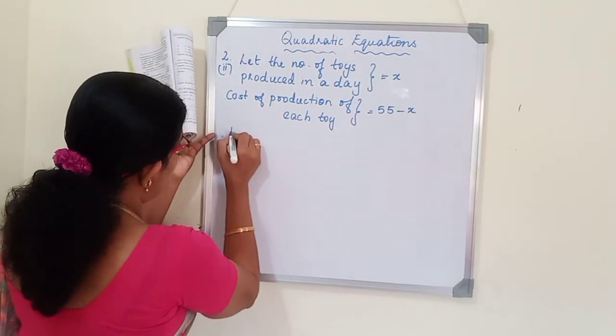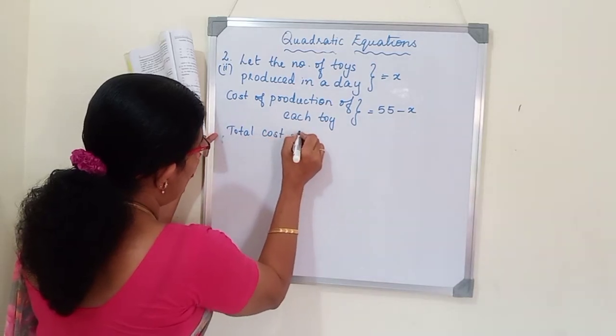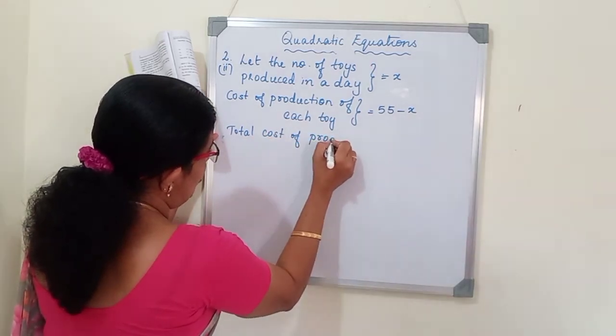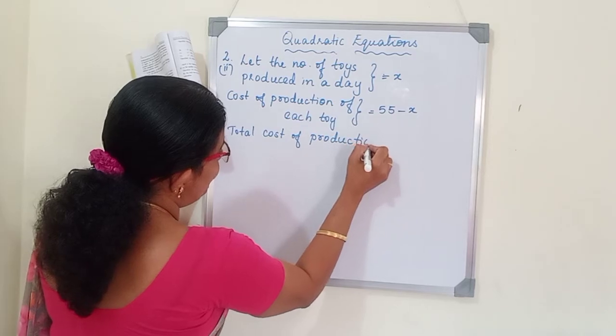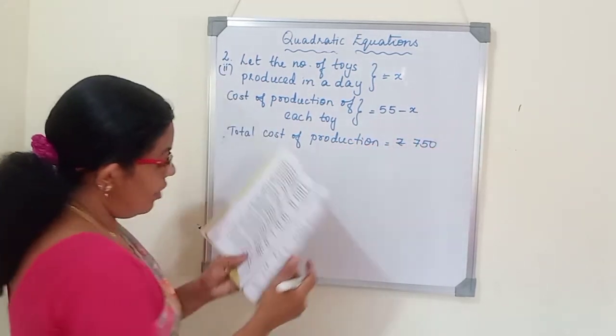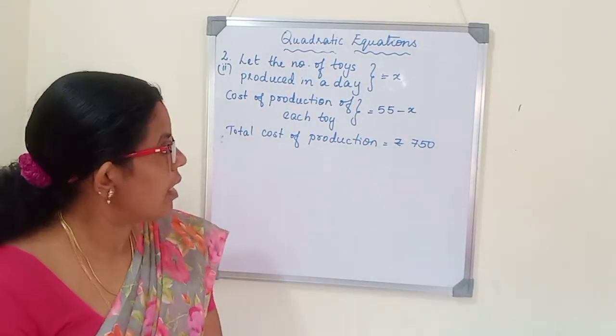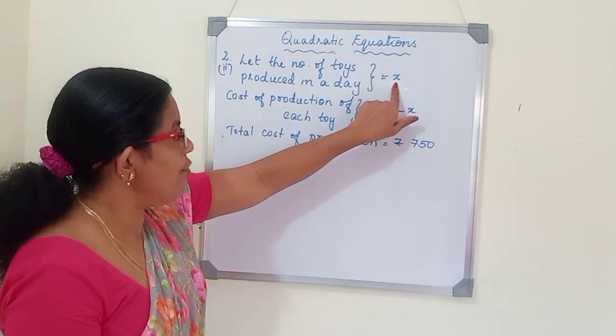Total cost of production is 750 rupees. We should find the number of toys produced on that day. That means we have to find the value of x.